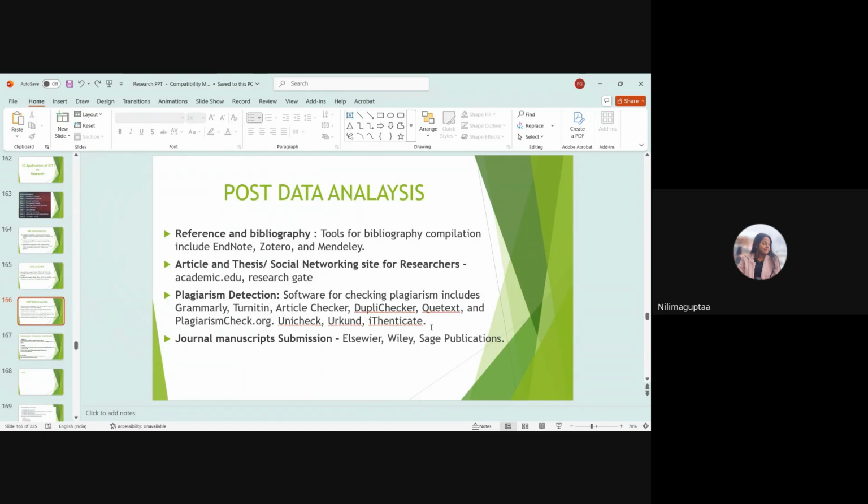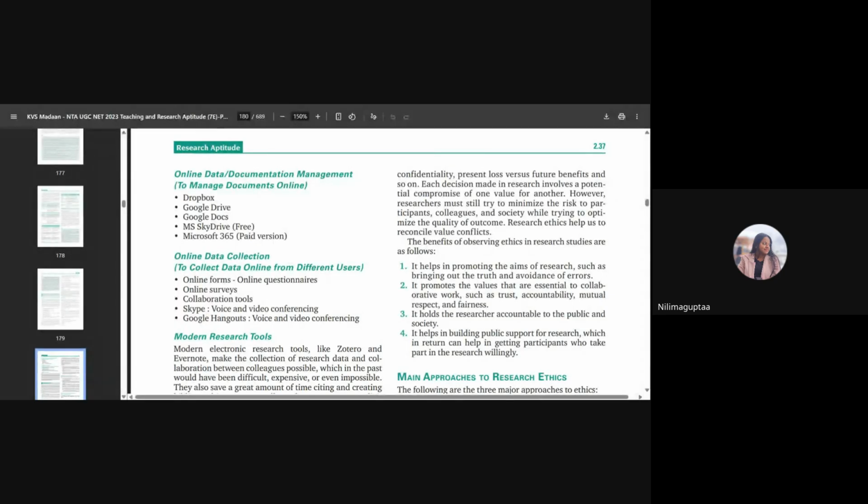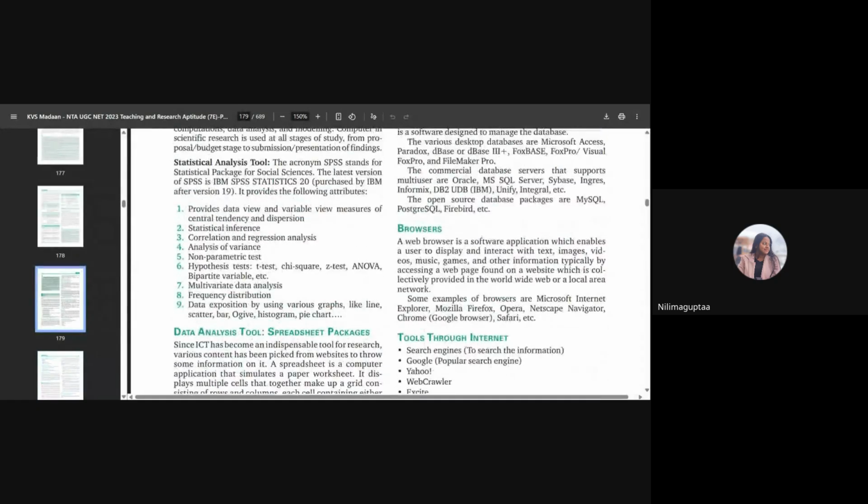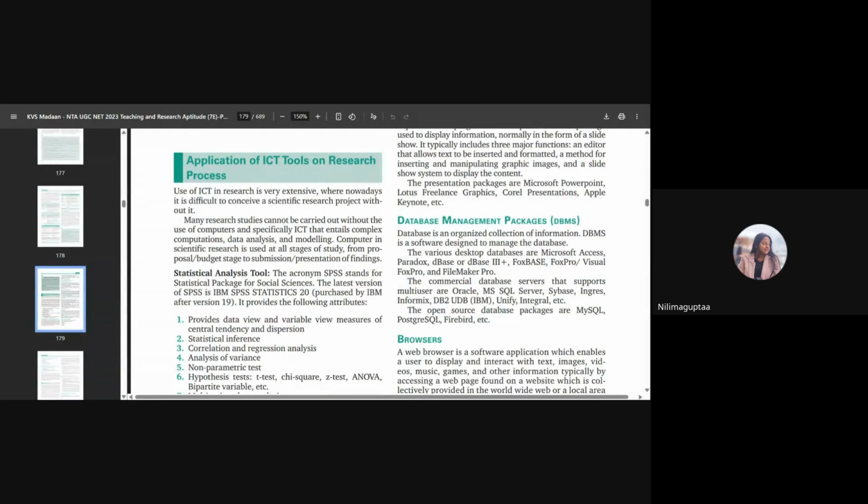Okay, apart from this, there are some more ICT tools. I will just go back to another PDF. I will show it to you. Okay, so application of ICT tools in research.